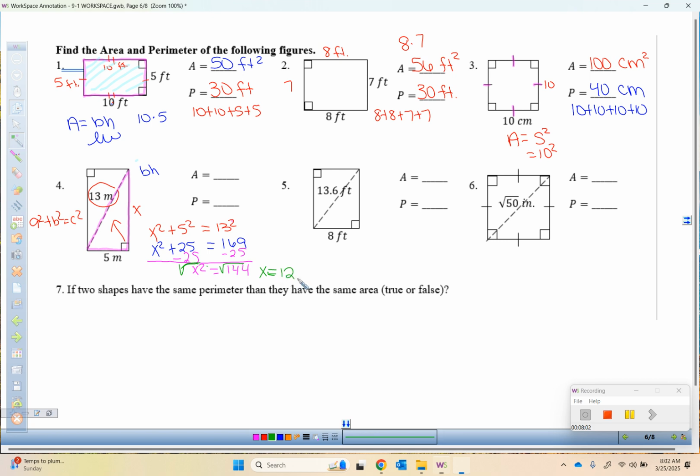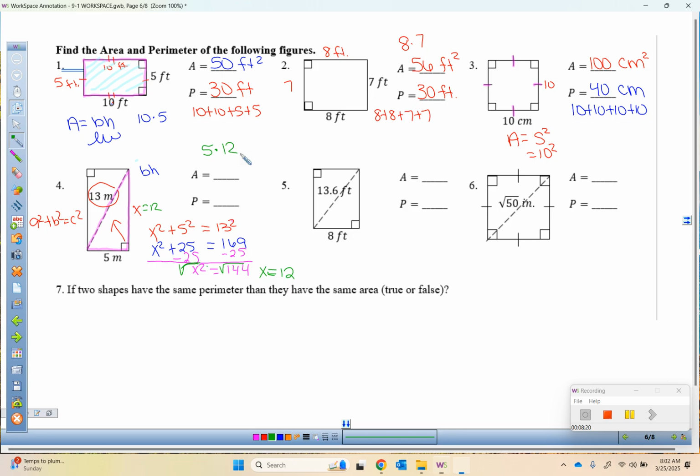Okay. So I don't know area and perimeter yet, but what I know is x. I know that x is 12 right here. Now I have 2 sides. Now I can take my base times my height. So this would be 5 times 12. And what is 5 times 12?